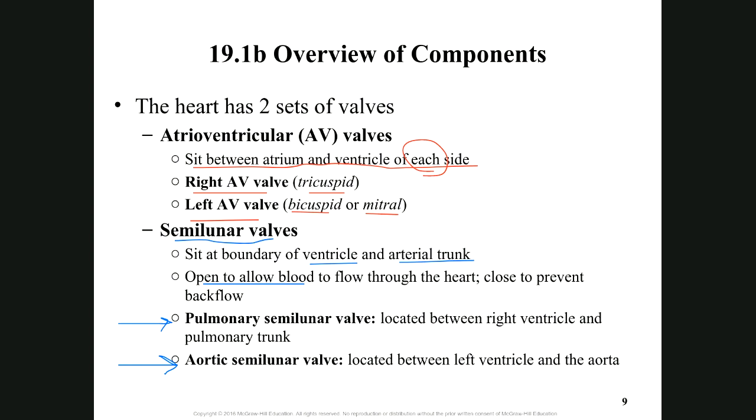And this is the sound of your heart, lub, dub, lub, dub. So first we have closure of atrioventricular valve or AV valve, and then we have closure of semilunar valve, and this closure makes a sound of the heart.